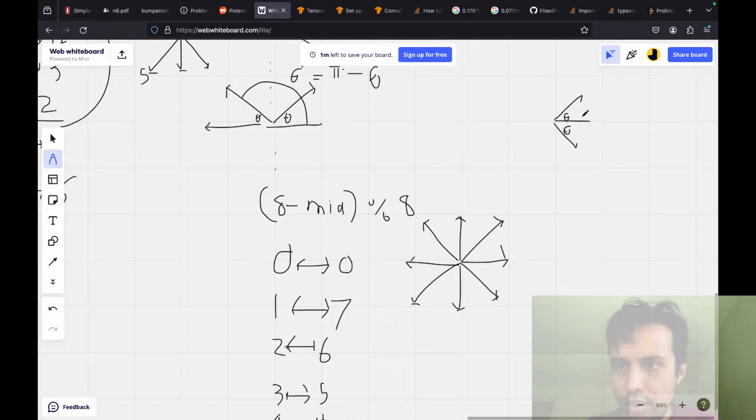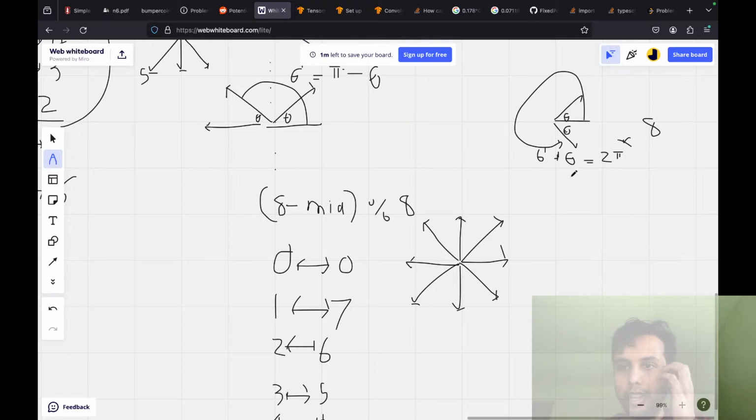So this angle right here, theta prime, plus theta, this whole thing plus this whole thing, we're completing the cycle, equals 2 pi, where 2 pi is the same as 8, the whole thing, 0, 1, 2, 3, 4, 5, 6, 7, and then 8. We completed 2 pi. So theta prime plus theta equals 8.